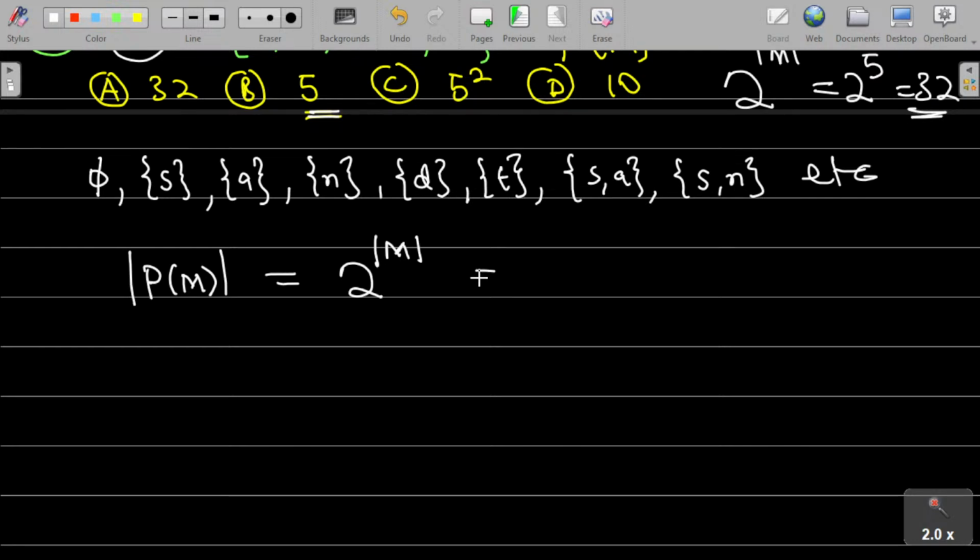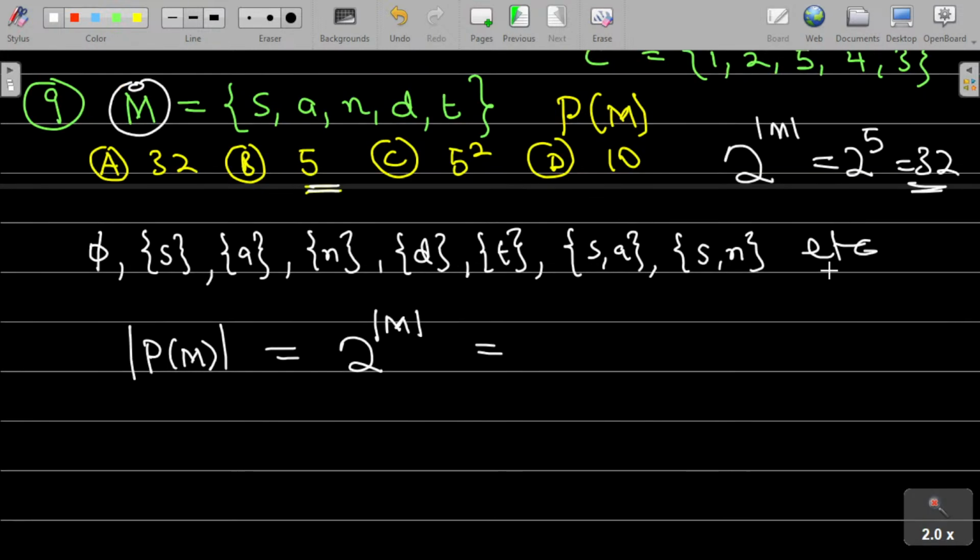Since the cardinality of M is equal to 5, and remember, cardinality is the number of elements, so the number of elements in M is 5. If you raise 2 to the power of 5, that will give you the cardinality of the power set. Do you get it now? And that is equal to 32. So Alex, I hope you got that.